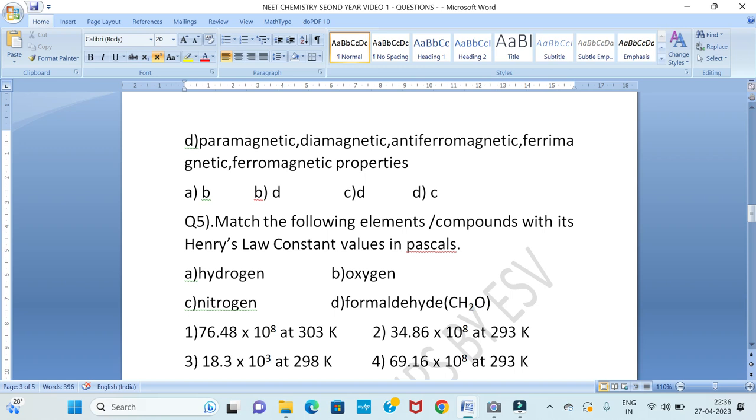So now what is the answer? Which option is correct?